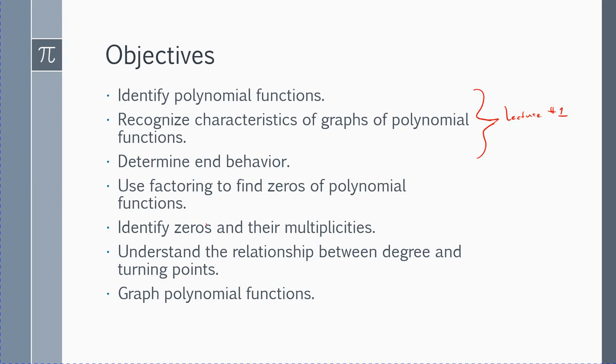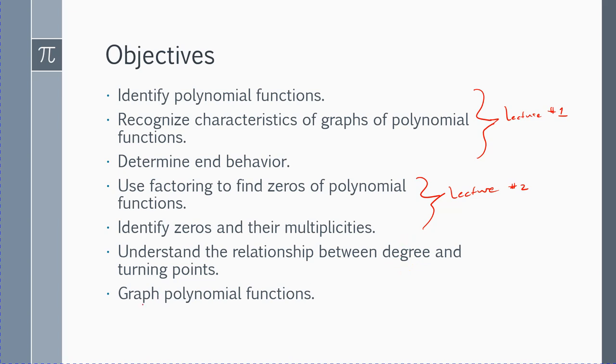Then I'm going to follow it up with a lecture talking about using factoring to find zeros of polynomial functions, and then identify zeros and what are called their multiplicities. So this is going to be lecture number 2. And then that's all going to build towards these final two bullets here: how you understand the relationship between the degree of a polynomial function, and I'll remind you what a degree is in a little bit, and the turning points.